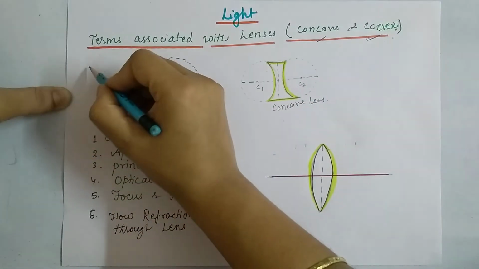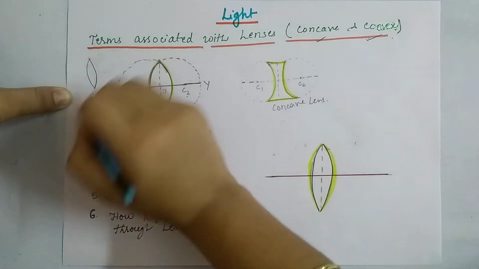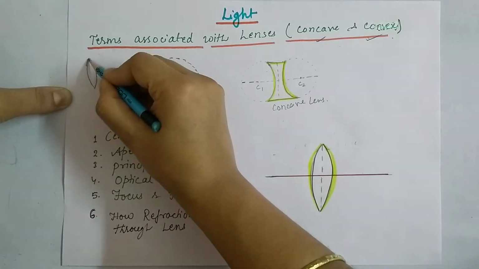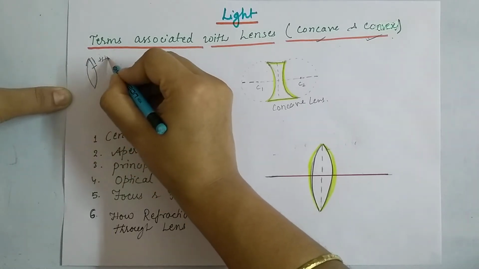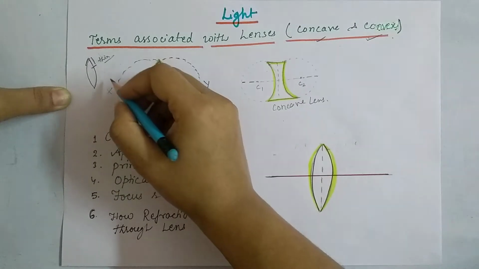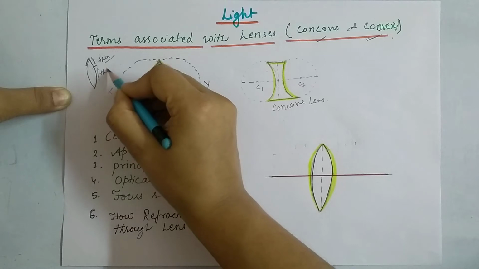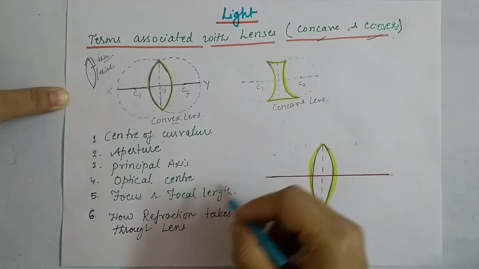So let's take one diagram here, this is your convex lens, and the apex part is thin. When you touch it, you will feel that the apex part is thin and the middle part is thick. So in this way you will identify that it is a convex lens.